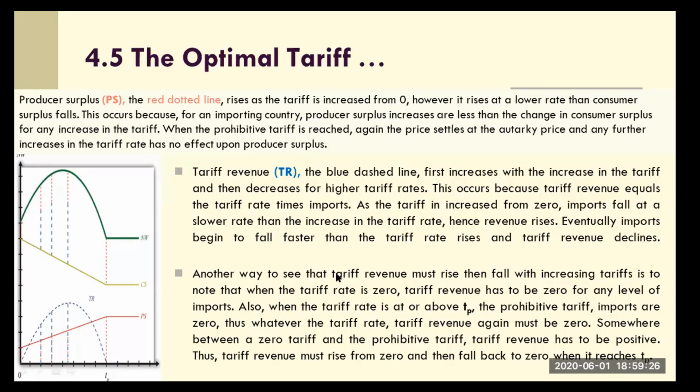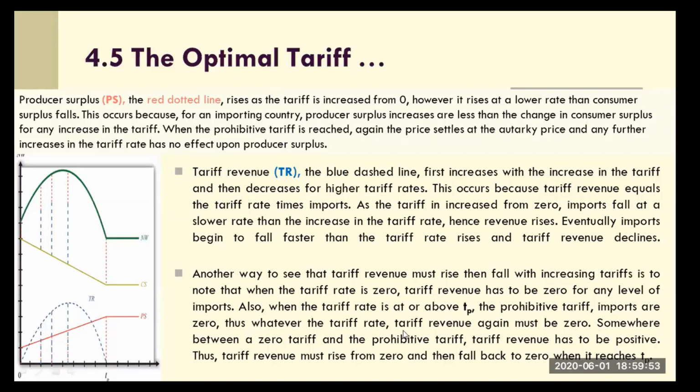Another way to see that tariff revenue must rise, then fall with increasing tariff, is to note that when the tariff rate is zero, revenue is zero. Also, when the tariff rate is at or above TP, the prohibitive tariff, imports are zero.